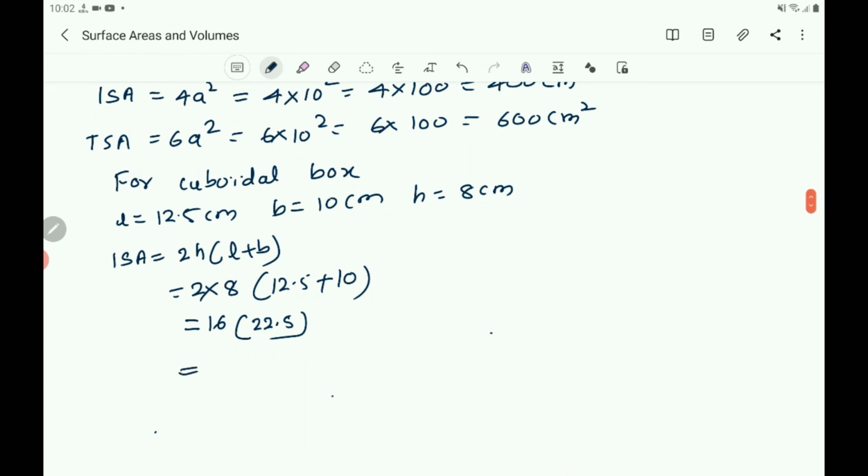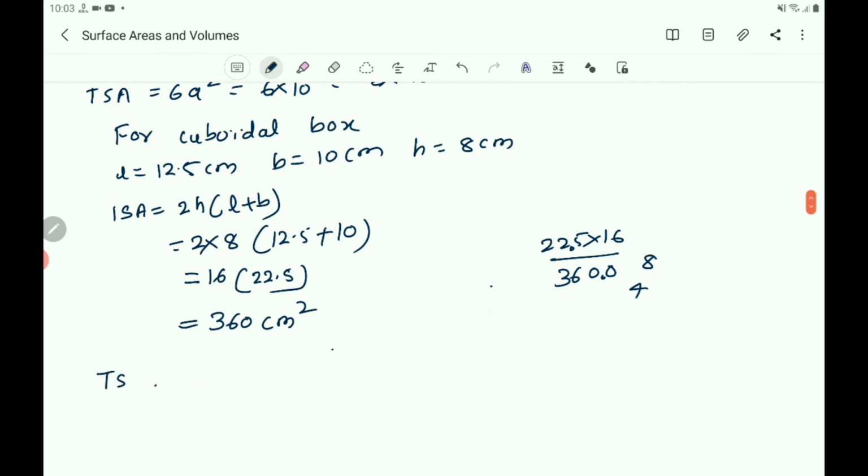Then it becomes 22.5 into 16. 16 fives are 80, 16 twos are 32 plus 8, 40, and 32 plus 4, 36. And the decimal point is there, so it becomes 360 cm square, that is the LSA.